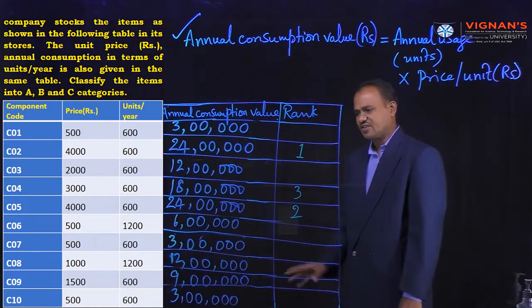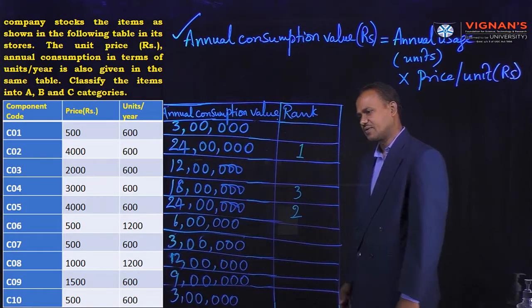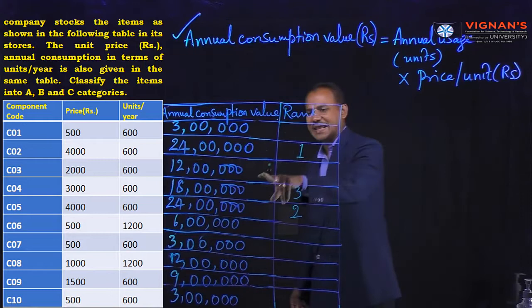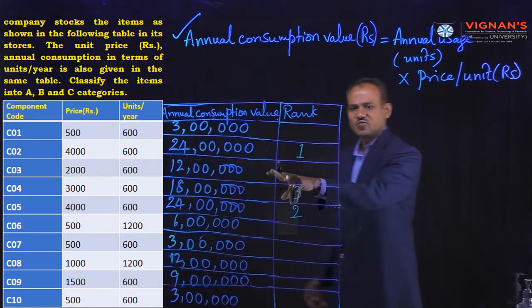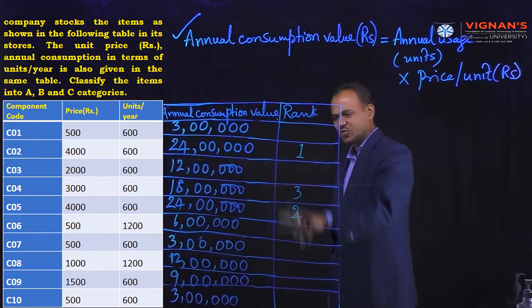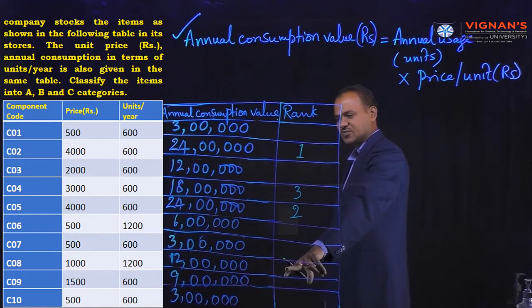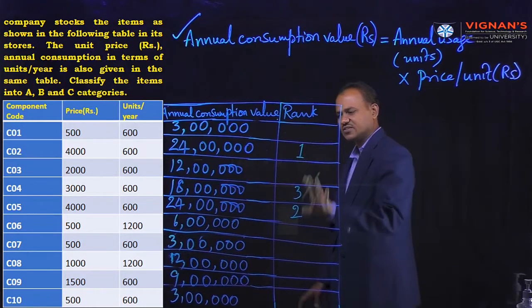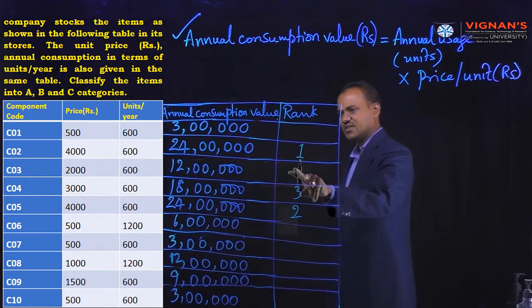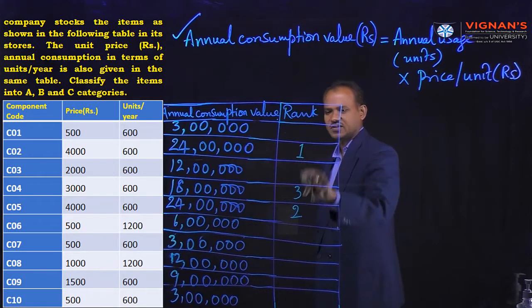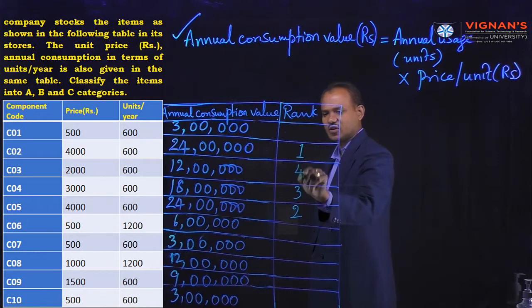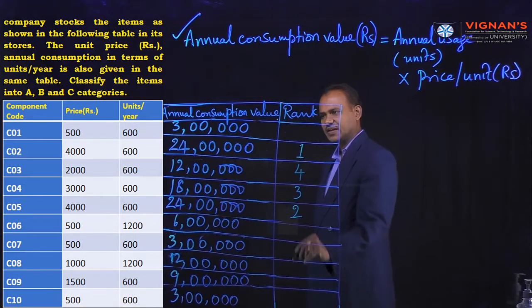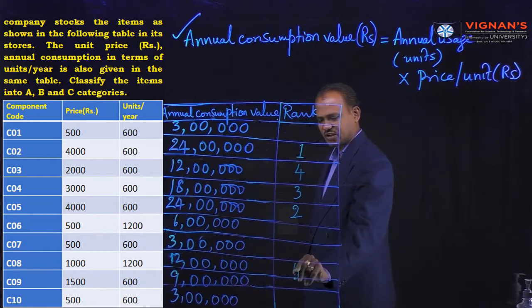After 18, what is the next minimum? 12 lakh. Again, 12 lakh is appearing in two places. In this place, component 8. Similarly, for component 3. So first assign for this component. That means next digit is 4. Next, this is the 5th rank.